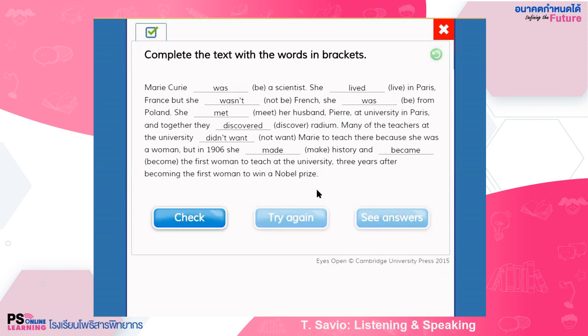So Marie Curie was a scientist. She lived in Paris, France, but she wasn't French. She was from Poland. She met her husband Pierre at university in Paris, and together they discovered radium. Many of the teachers at the university didn't want Marie to teach there because she was a woman.